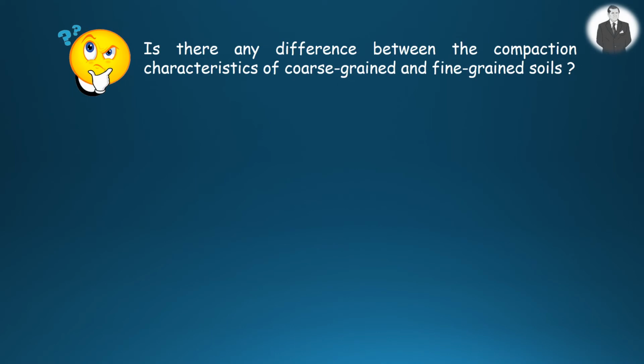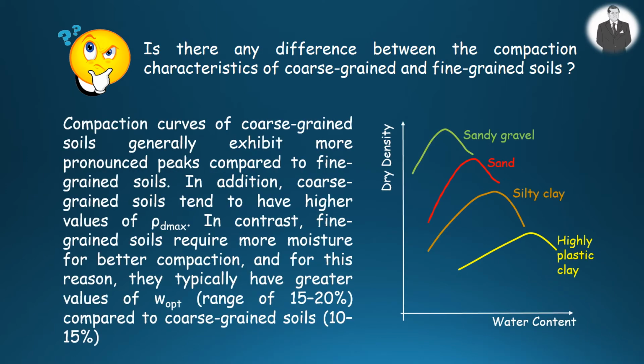Is there any difference between the compaction properties of coarse-grained and fine-grained soils? Yes, there is. The compaction curves of coarse-grained soils usually reveal more pronounced peaks with respect to fine-grained soils as shown in the figure.